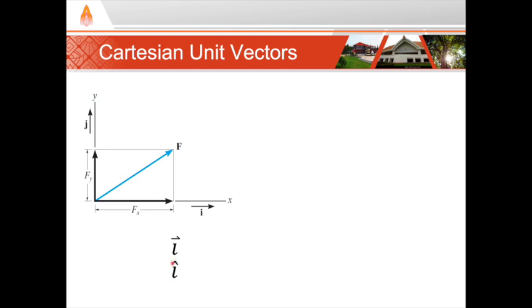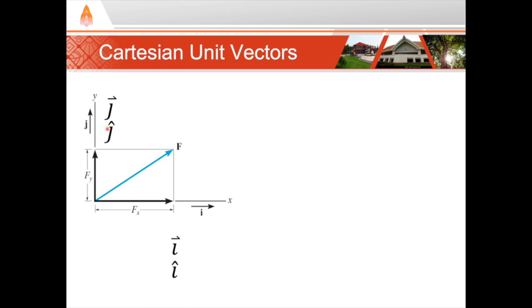I usually write it with a hat, so i hat, which is the unit vector in the x direction. And in the y direction we use the letter j, so you can choose to write it like this. I usually use the hat. So j hat is the unit vector, with a length of 1, of a vector in the y direction.